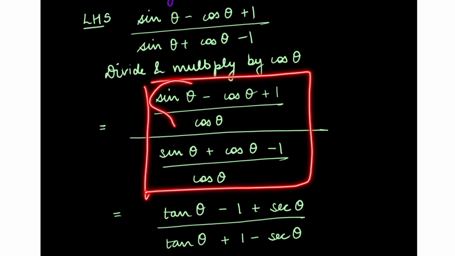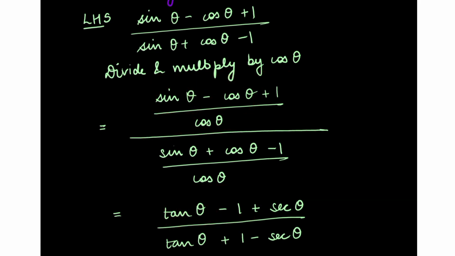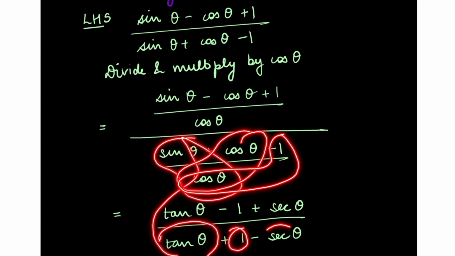Now this becomes tan theta. Next this becomes minus 1, and this becomes secant theta. And in the denominator also this becomes tan theta, this becomes 1, and this becomes secant theta.